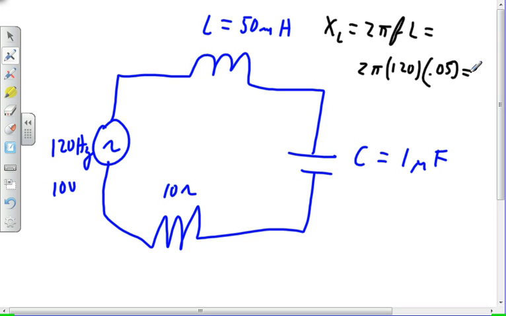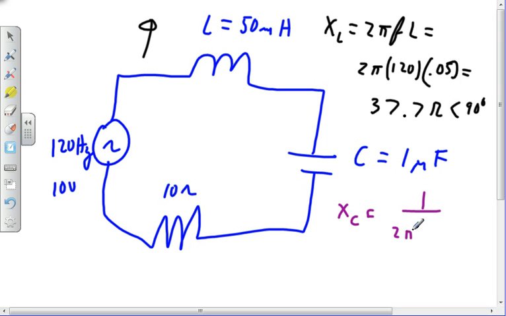All right, so I take my calculator, 2 times pi times 120 times 0.05, and I get 37.7 ohms, and it has associated with it an angle of 90 degrees because it's going to be in the positive imaginary number direction.